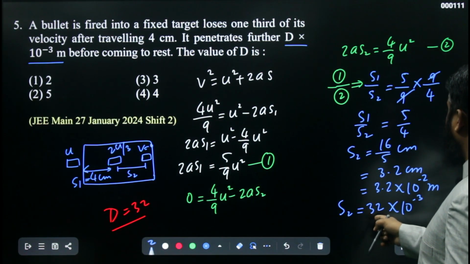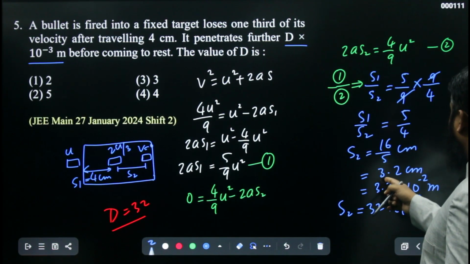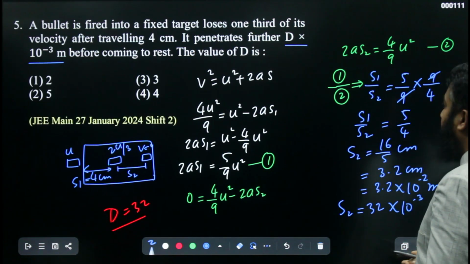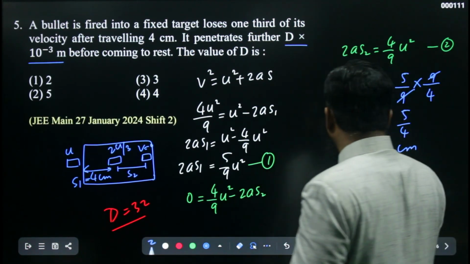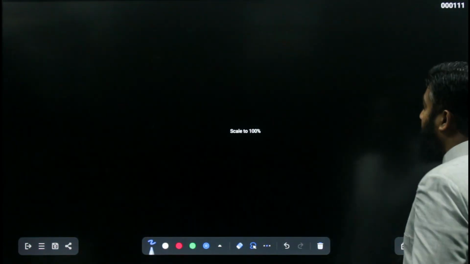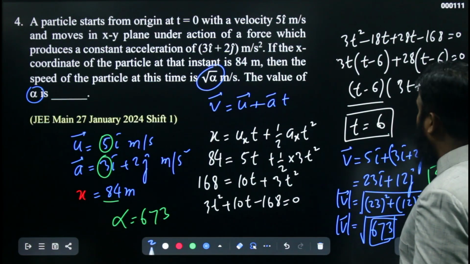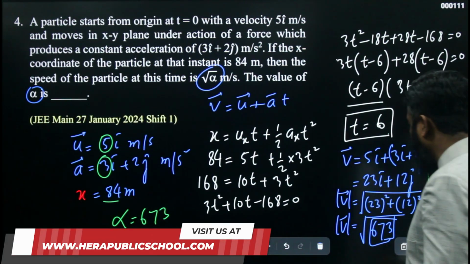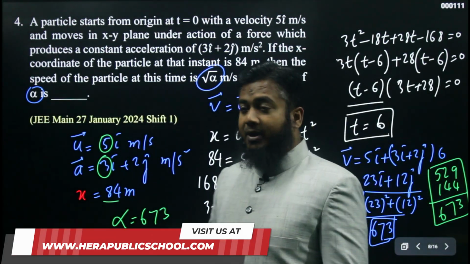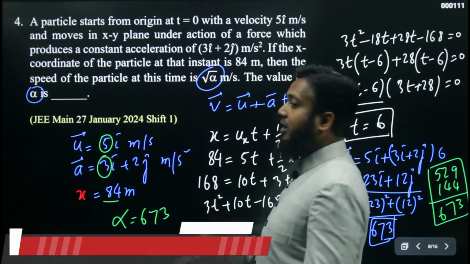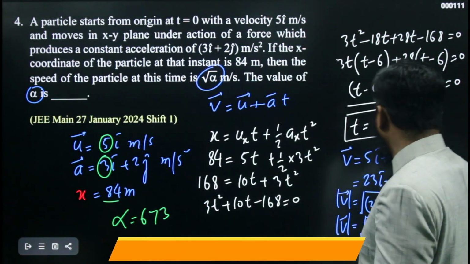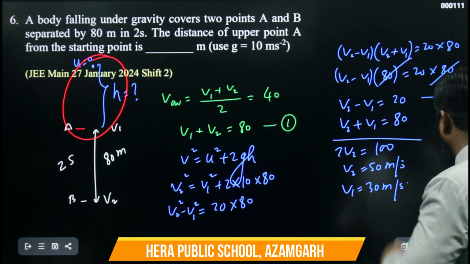S2 is equal to some 3.2 centimeter, but we had to convert this in some other form. And also in the previous question, the value of speed was under root 673, but we have to find the value of some alpha, which is under a square root.